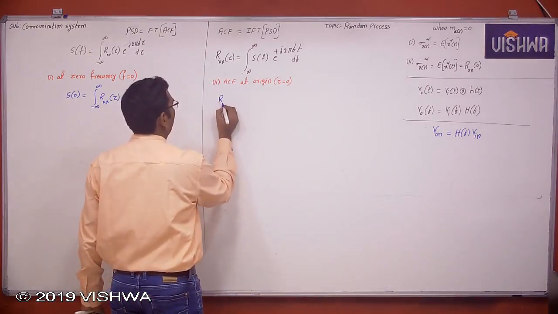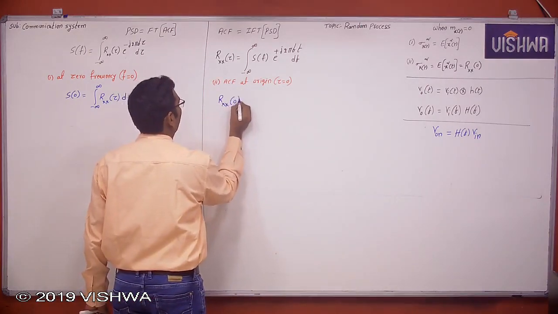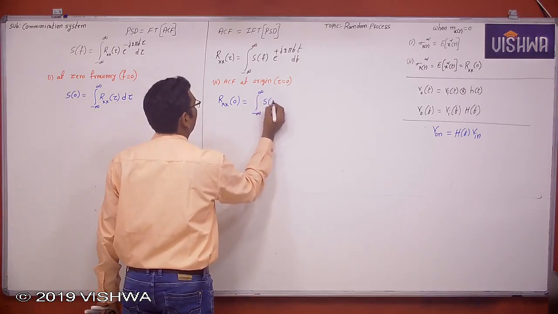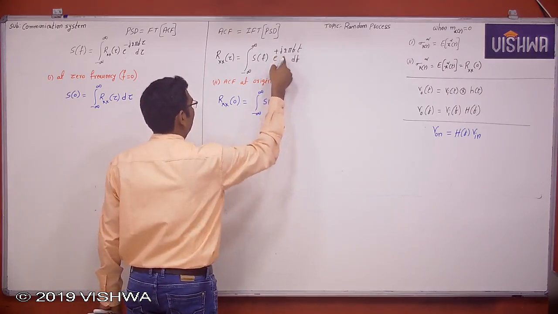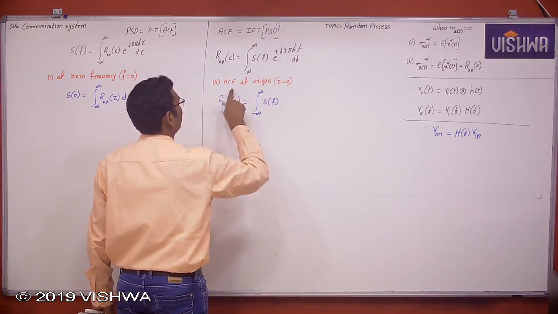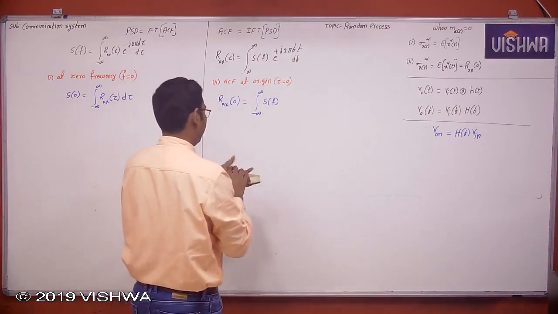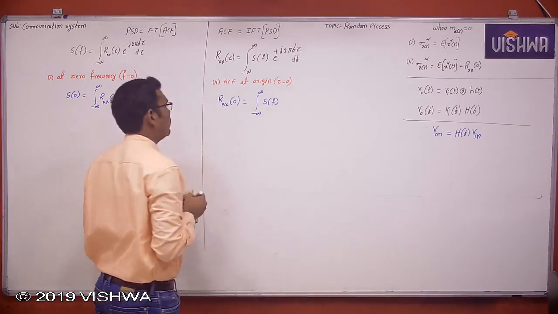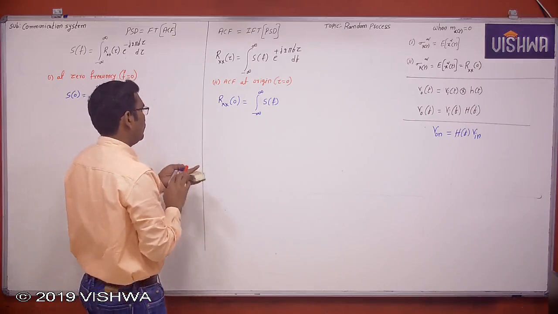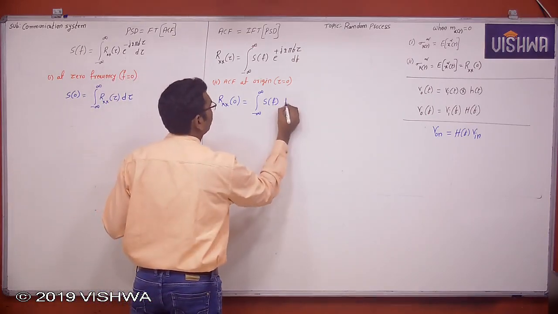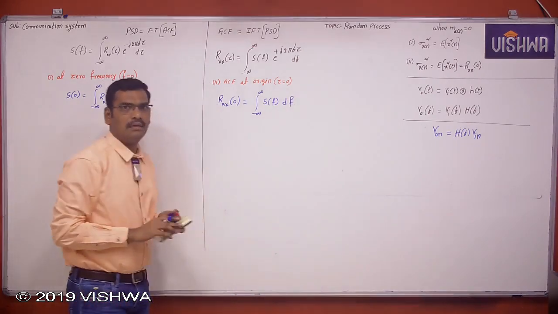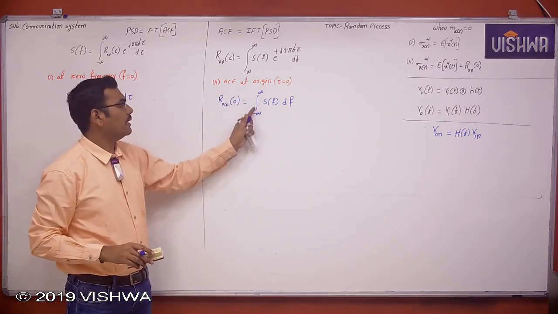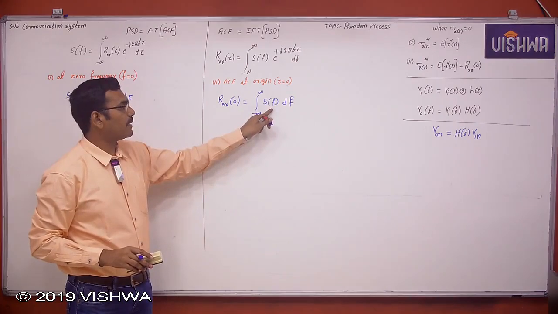The autocorrelation function at the origin, Rxx of 0, is equal to the area under the power spectral density.